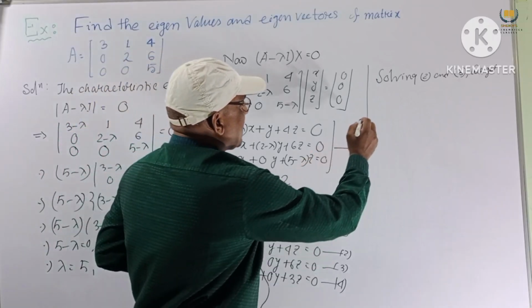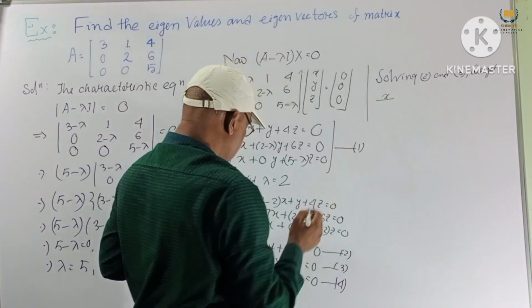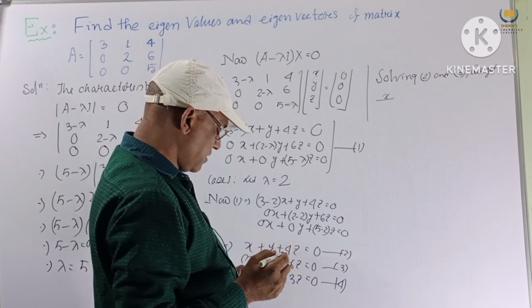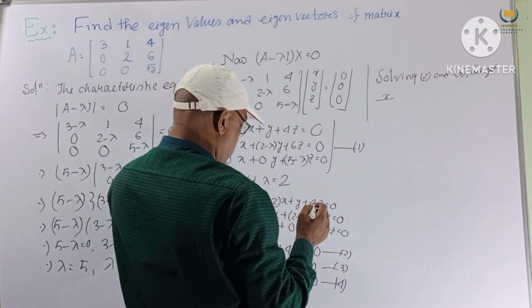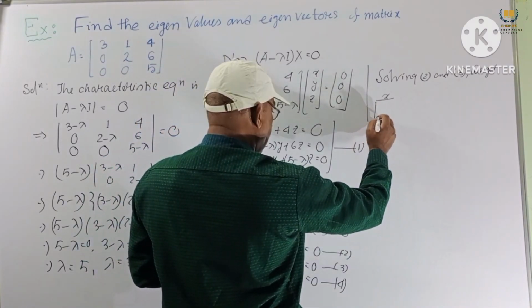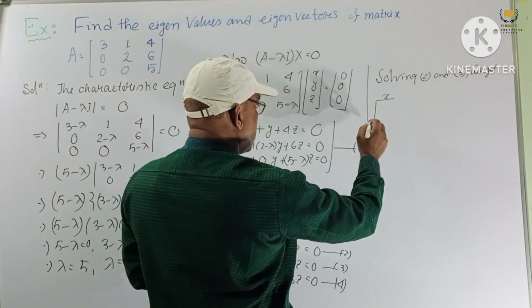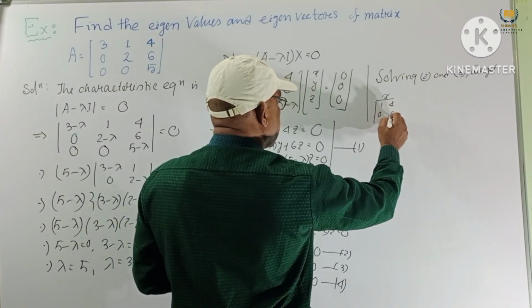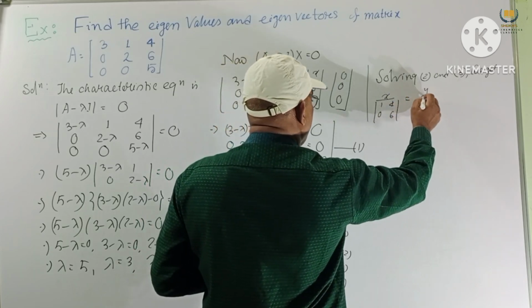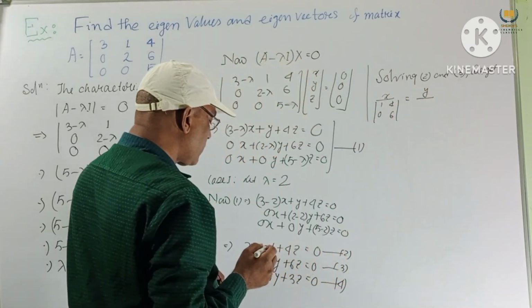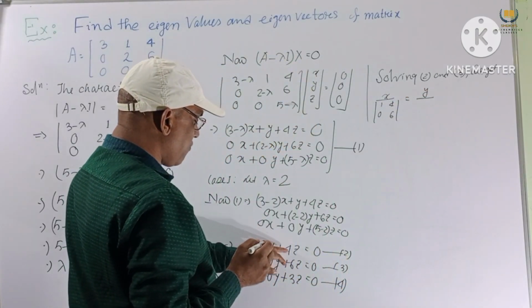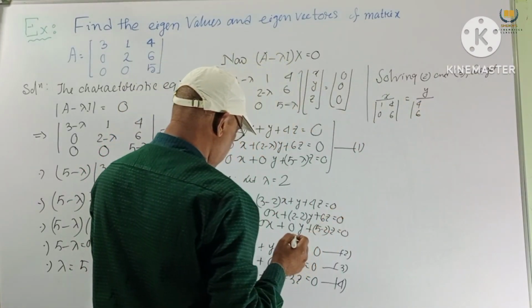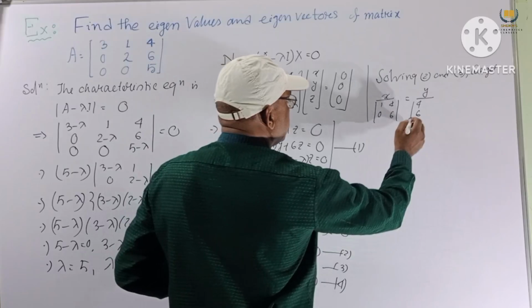First we consider x, then cancel that column, and write the coefficients 1 0 4 6. Next y: 4 6, then 1 0.